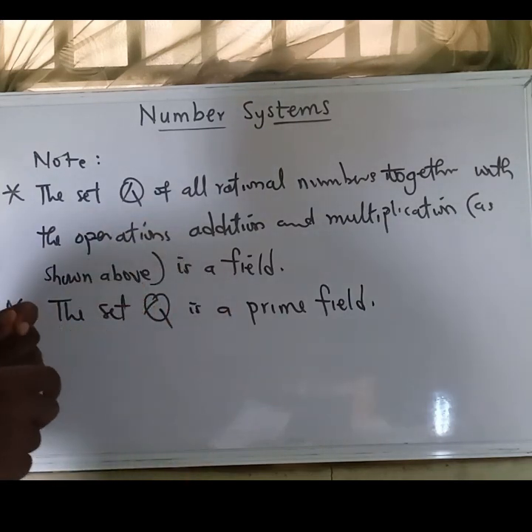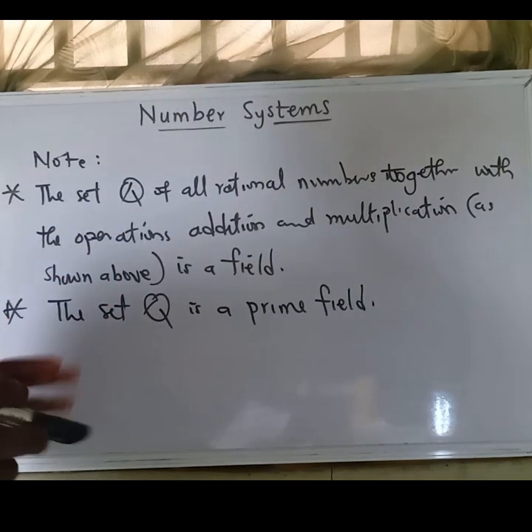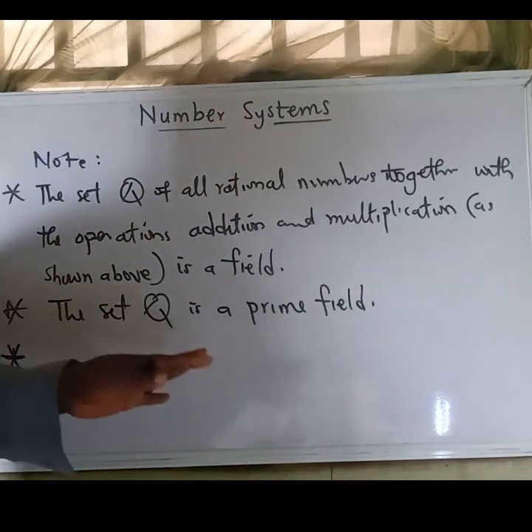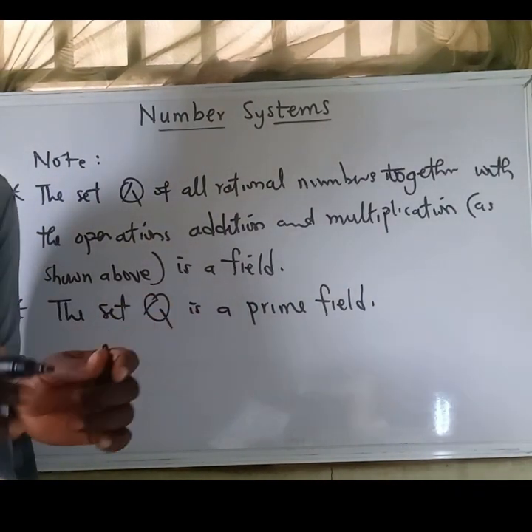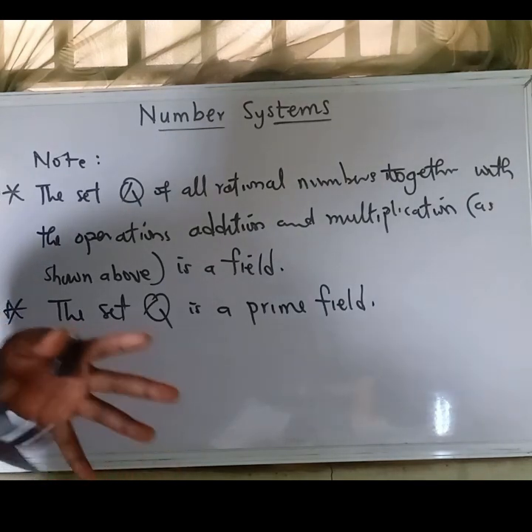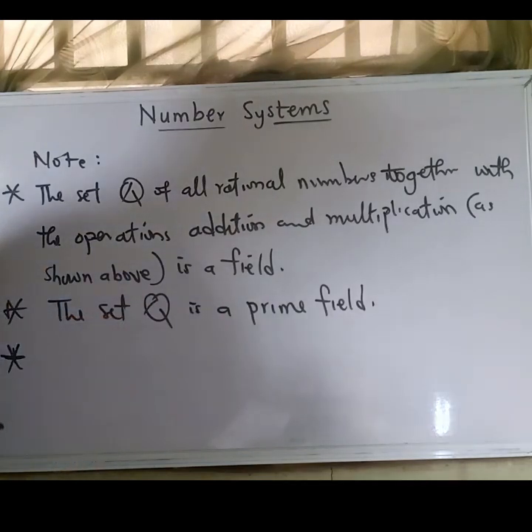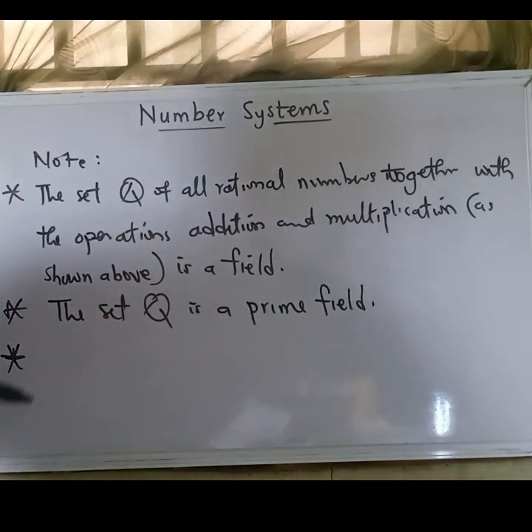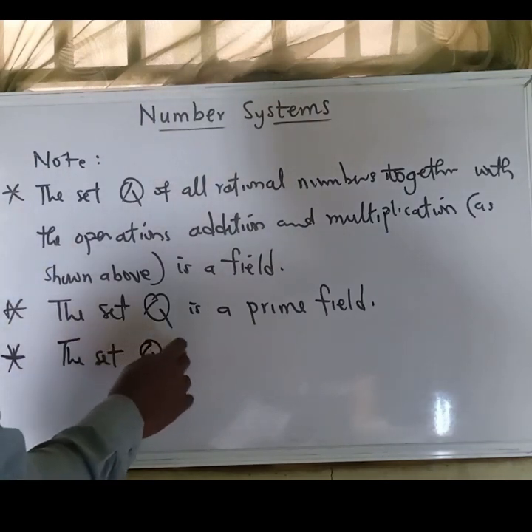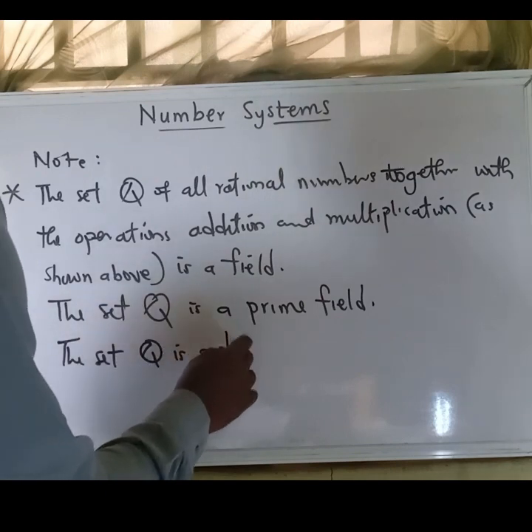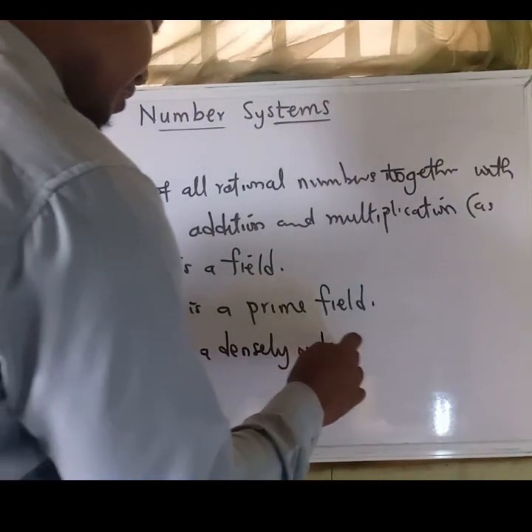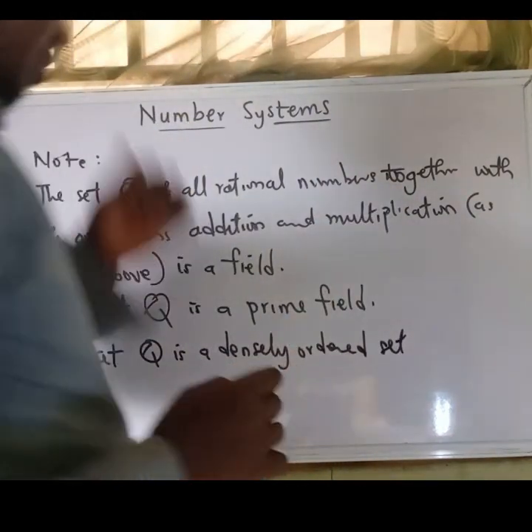This Q has no subfield other than itself. And what we need to note also is that this set is dense in itself. Let's say this more formally. The set Q is a densely ordered set. What do we mean by this?